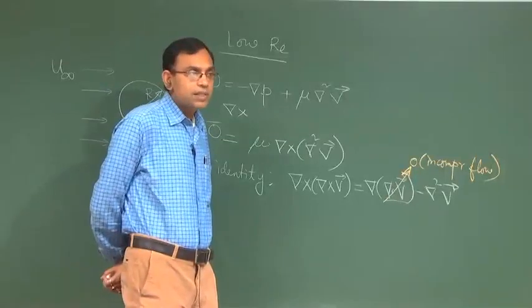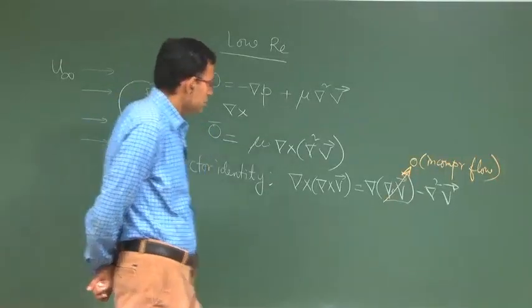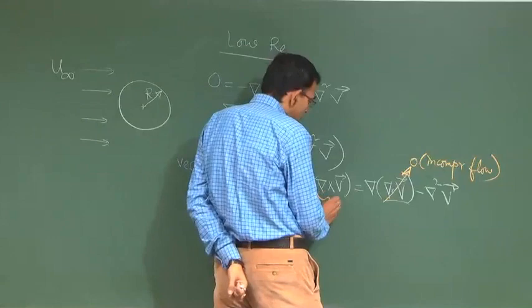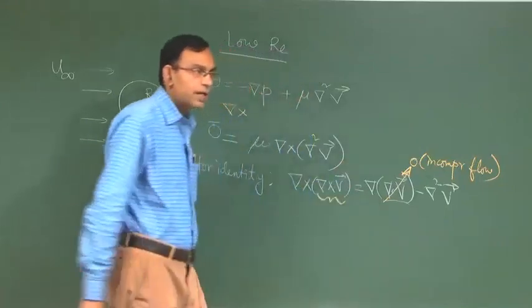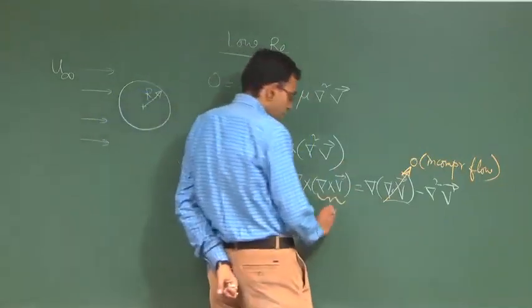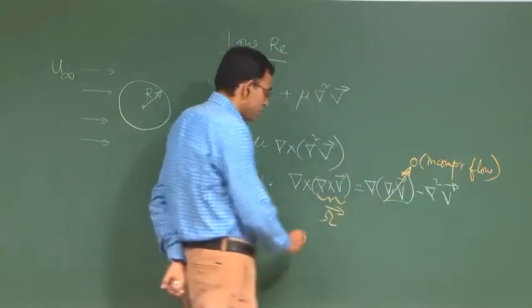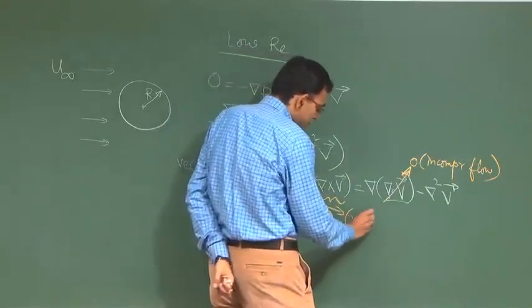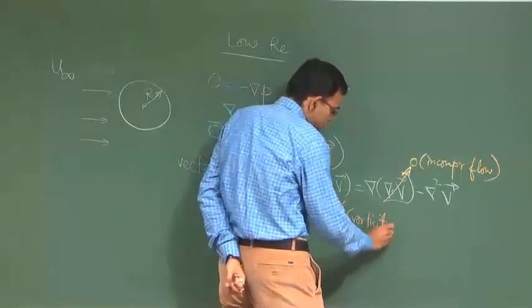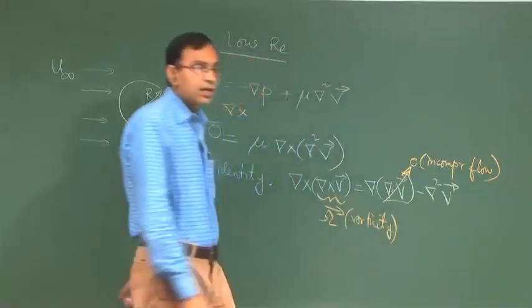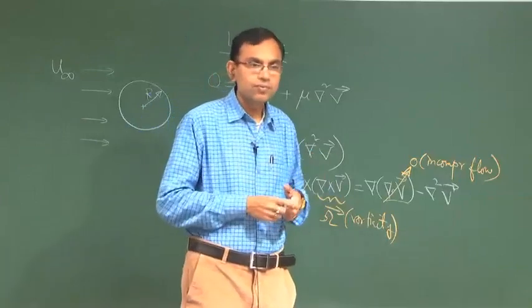So if it is incompressible flow, now what is this? Curl of velocity in fluid mechanics is called vorticity. So what does it physically represent? So I am just writing this. It represents rotation in the flow, okay.